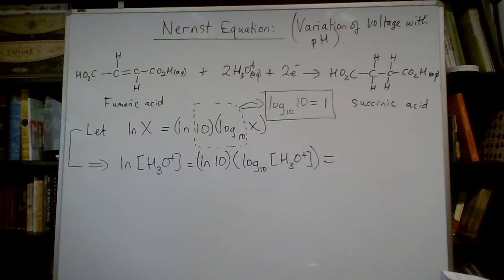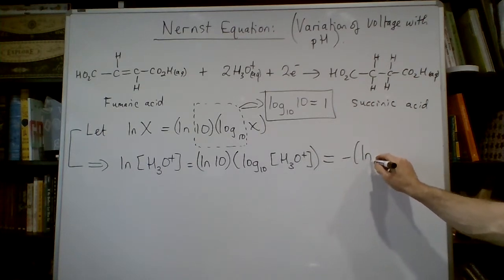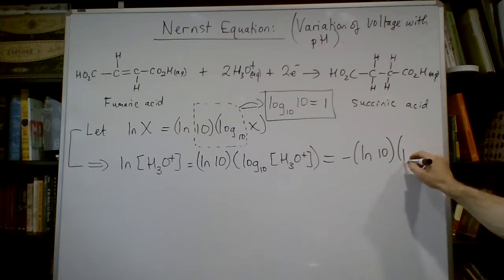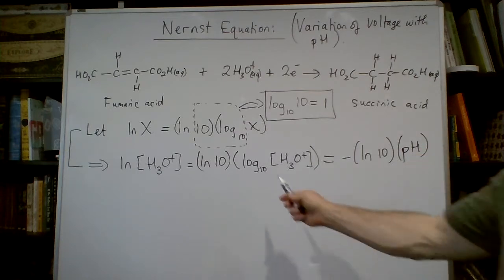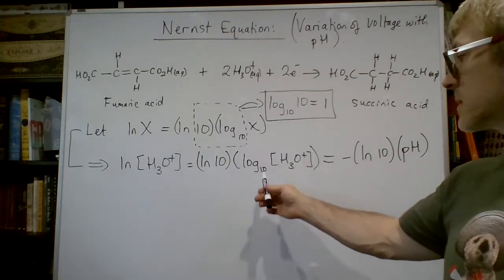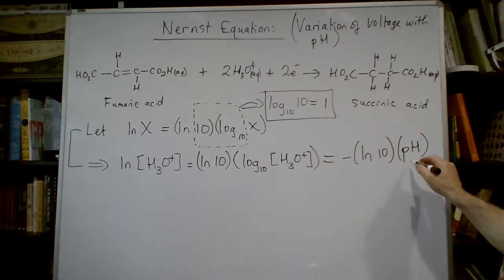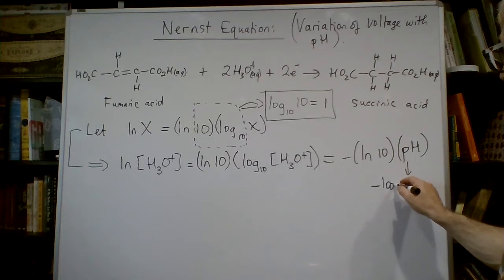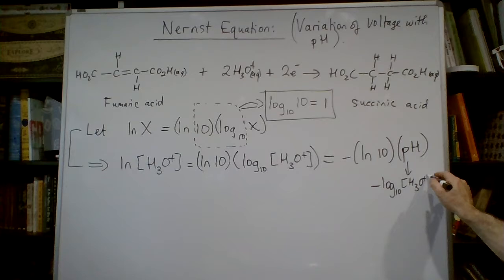And this is equal to negative log of 10 multiplied by the pH. We can see here from our acid-base discussions, recall what pH was. pH by definition was minus log base 10 of the hydronium ion concentration.